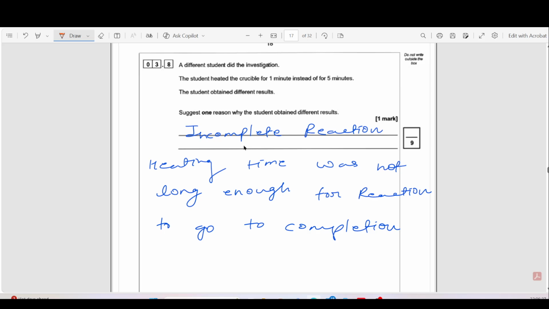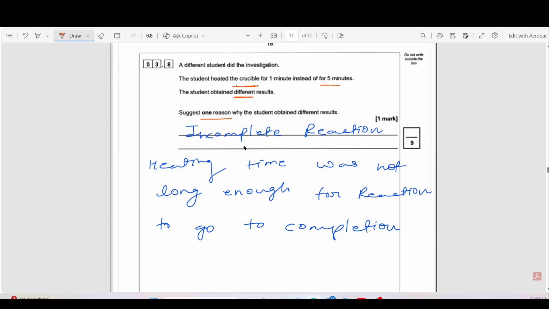Next one is this. So here a different student did the investigation. The student heated the crucible for 1 minute instead of 5 minutes, and obtained a different result. So we have to give a reason why the student obtained a different result. This is because the reaction was incomplete, because when heating a substance in a crucible, usually to cause a chemical change like thermal decomposition or to drive off water, the process takes time.